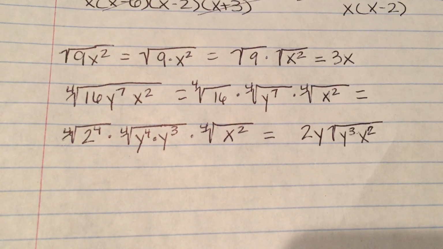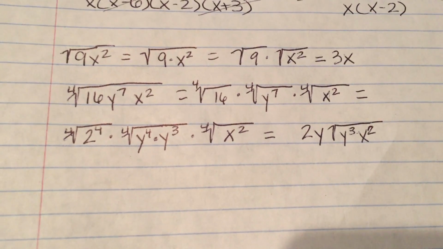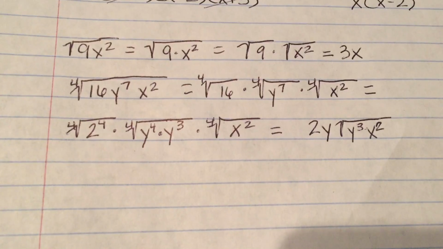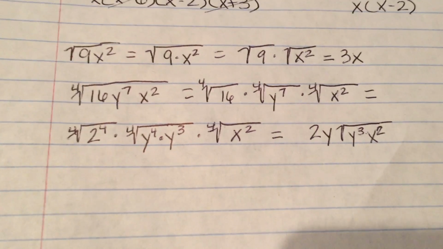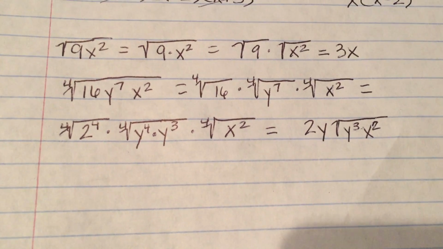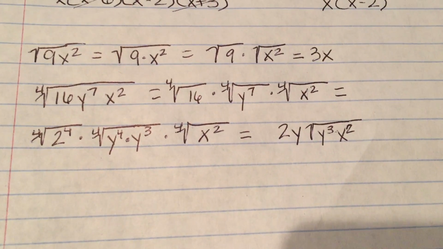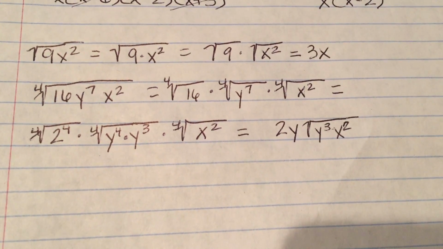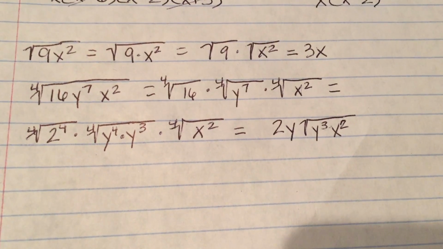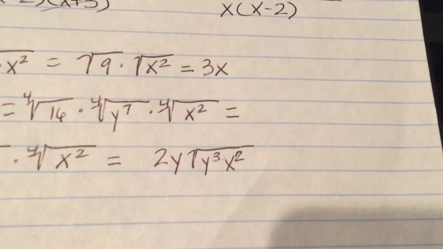And so because the 4's cancel out on the first one, it leaves you with 2, and then you have 4's that cancel out on the first y, which leaves you with just a y. So I have 2y, and then I carried over the remaining variables, which is y to the 3, x to the 2, and I put them under the fourth root.